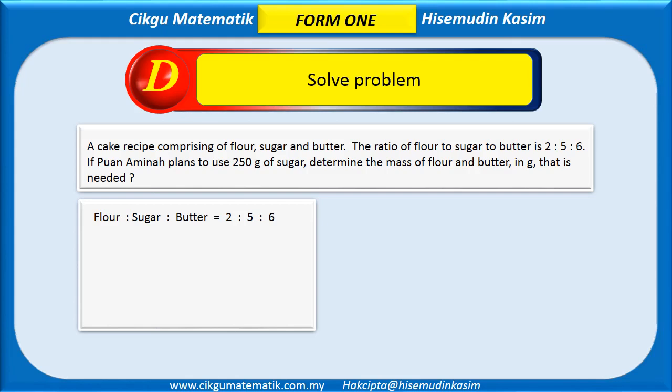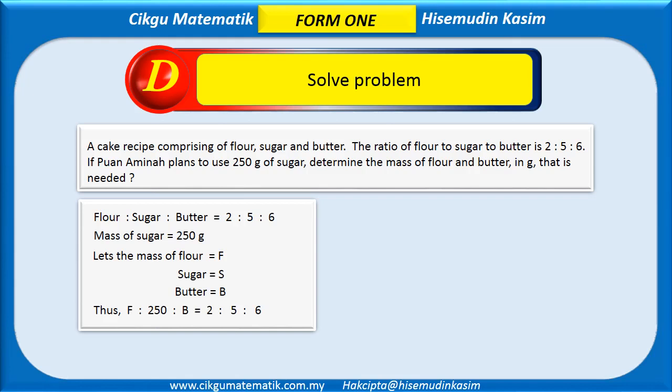The ratio of flour to sugar to butter is 2 to 5 to 6. Mass of sugar equal to 250 g. Let the mass of flour is F, sugar is S, butter is B. Thus, the ratio of F to 250 to B is 2 to 5 to 6.